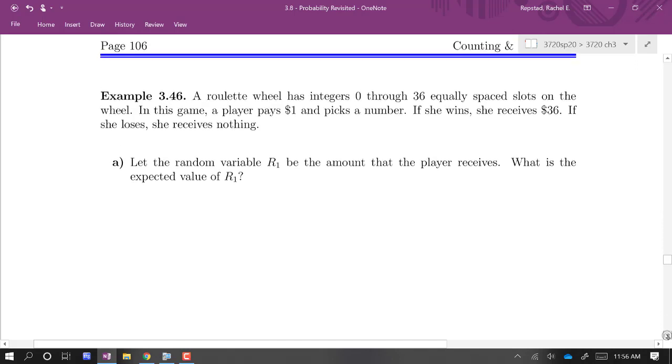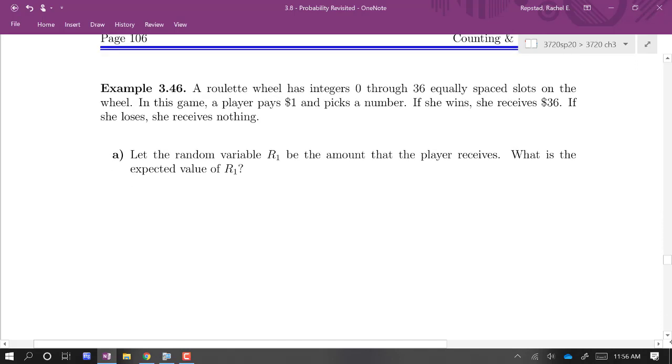Okay, let's do another one. Consider roulette. Roulette is a game where you're spinning a wheel and the ball bounces from spot to spot. And on this roulette wheel, there are different spots where the ball might land, from 0 through 36. So we'll note that 0 through 36 is 37 spaces, right? 37 spots for the ball to land.